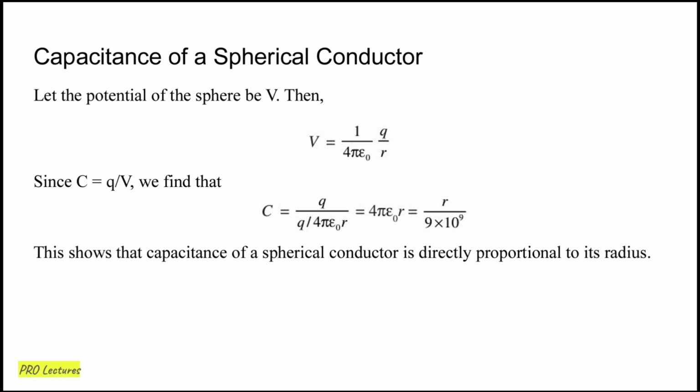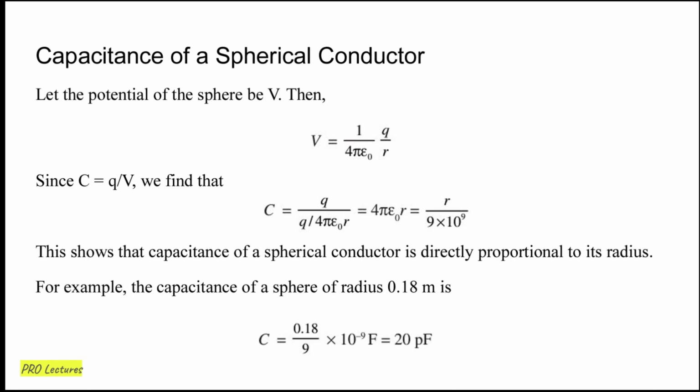Using the formula, we find the capacitance of a spherical conductor is directly proportional to its radius. For example, the capacitance of a sphere with a radius of 0.18 meters is 20 picofarads.